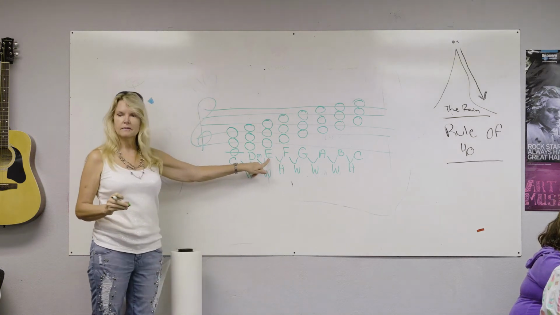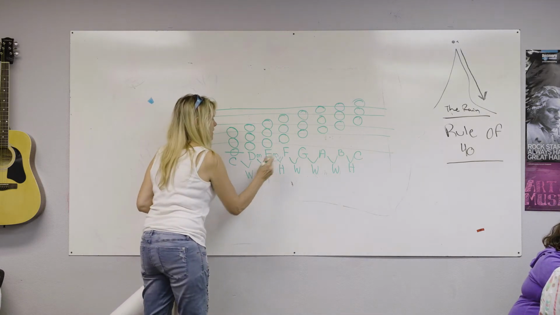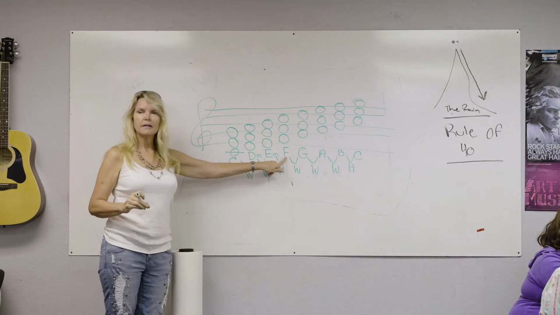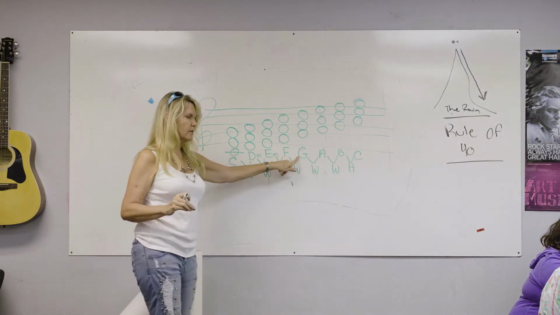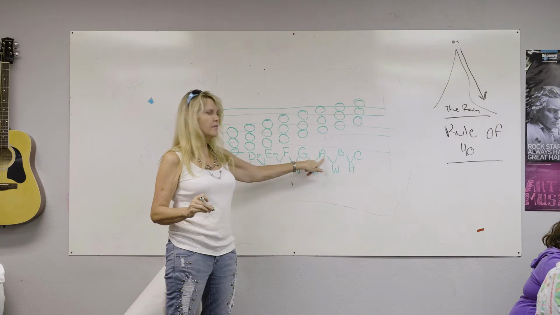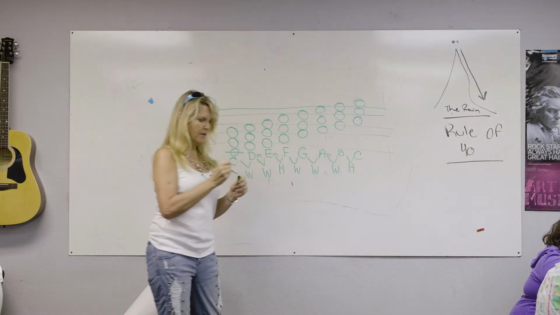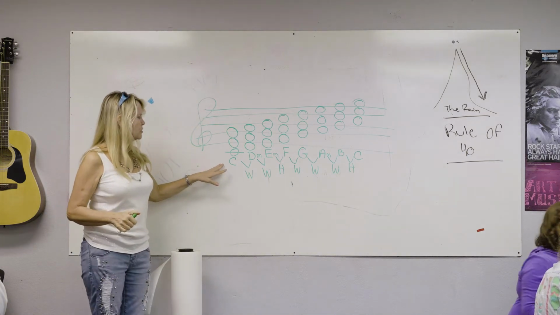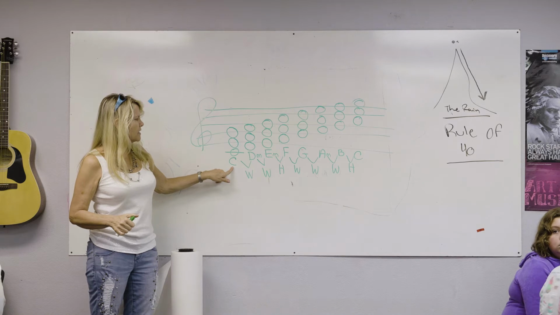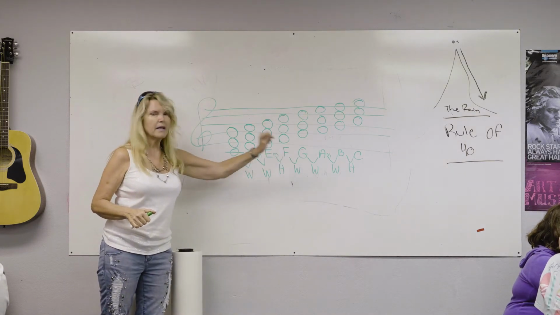Next one, that is a minor chord. Next one, that's major. G is major. And then A is minor. Good. And we won't do the B because that one is not in pop music. So you have C major, D minor, E minor, F major, G major, and A minor.